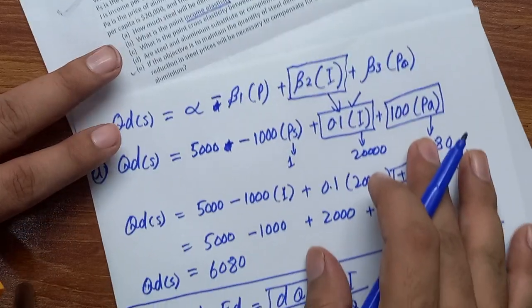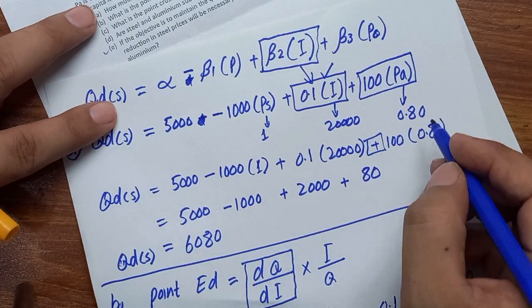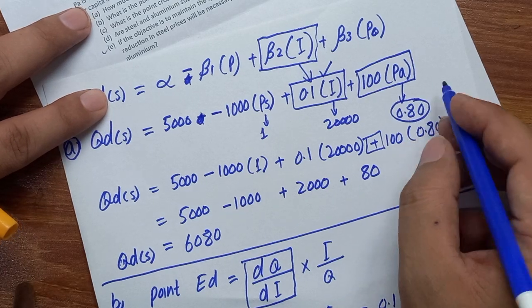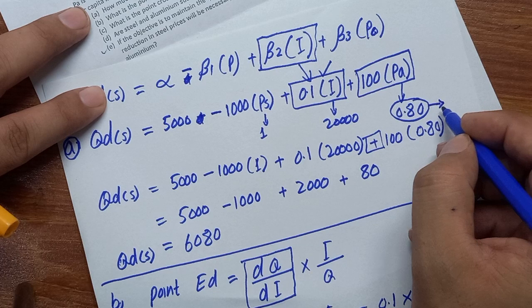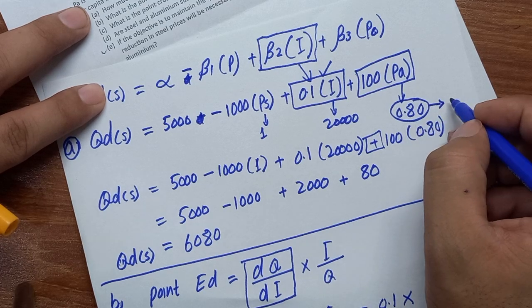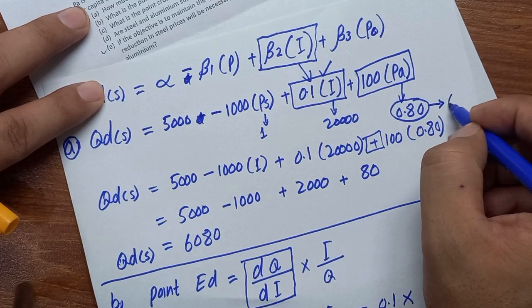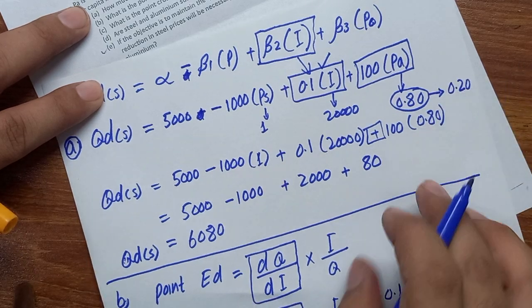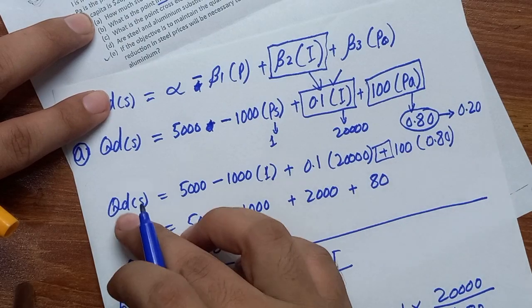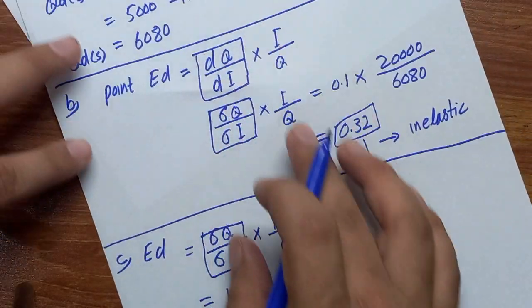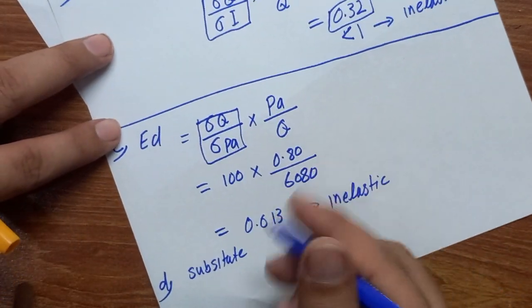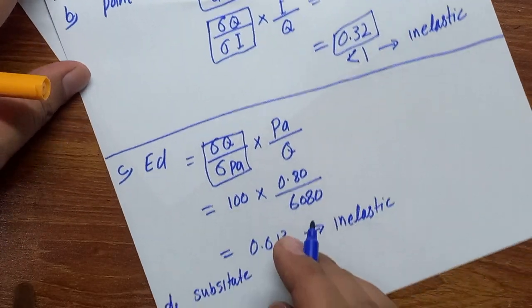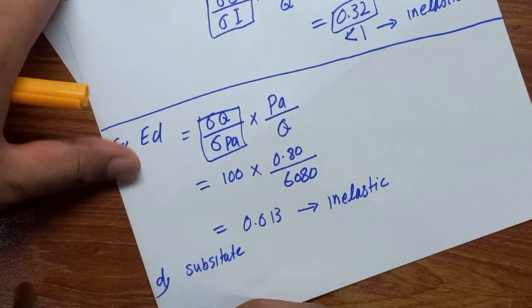Before, we had the price of aluminum at 0.8, and now they say the price of aluminum is reduced from 0.8 to 0.2, or 0.20, both are the same. So what will be the quantity of demand? Here I will use the same formula, but instead of PA I will write 0.2.